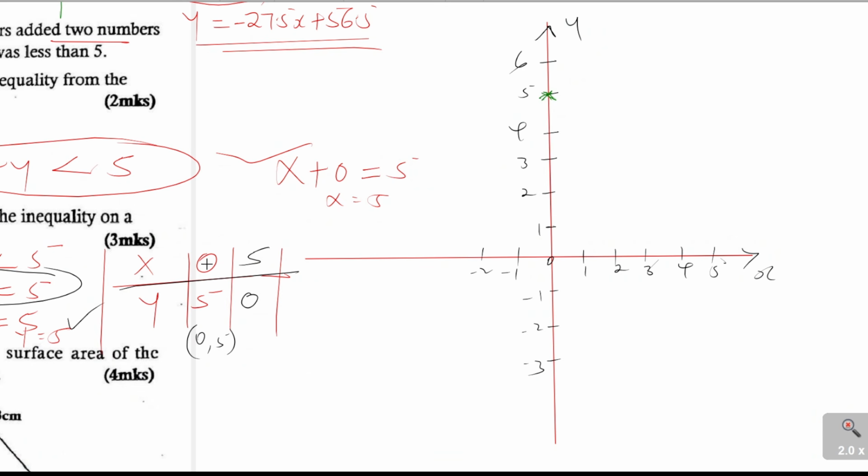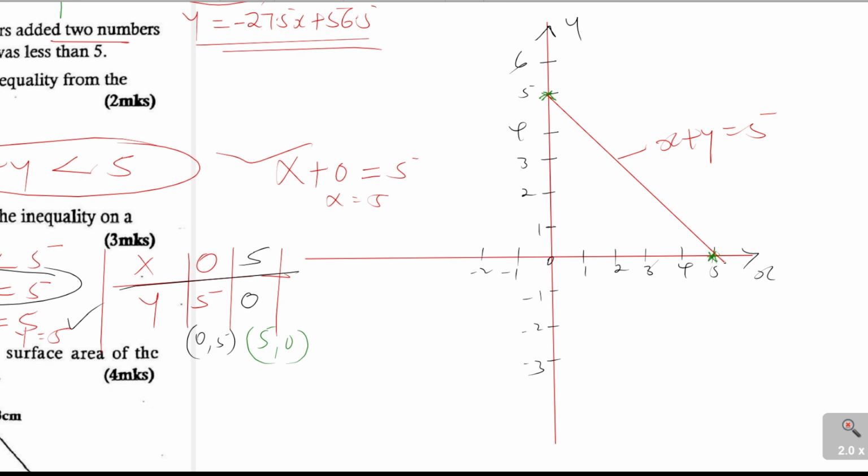And then 5, 0 is this. So you now draw a straight line like that. And this is the line whose equation is x plus y is equal to 5.